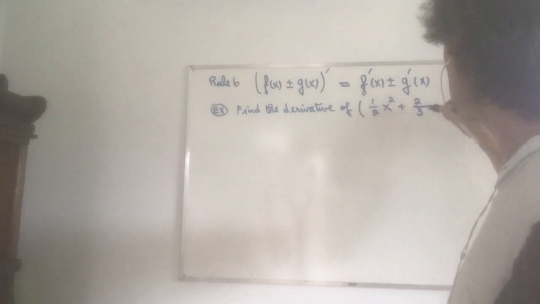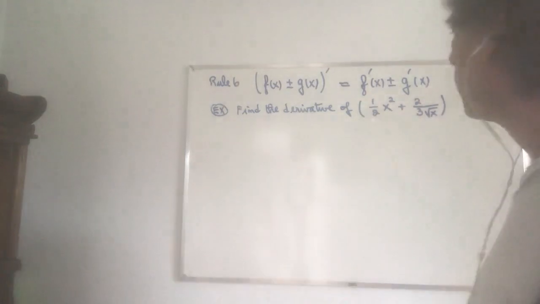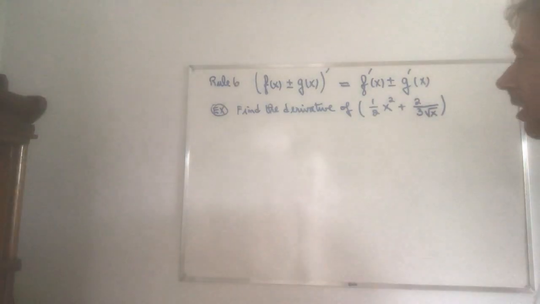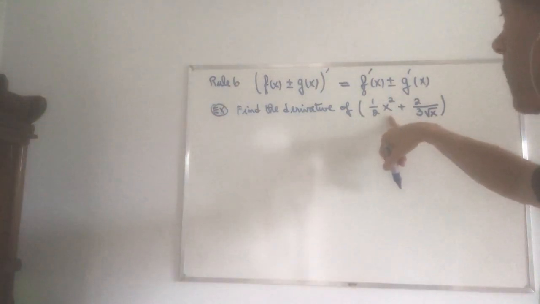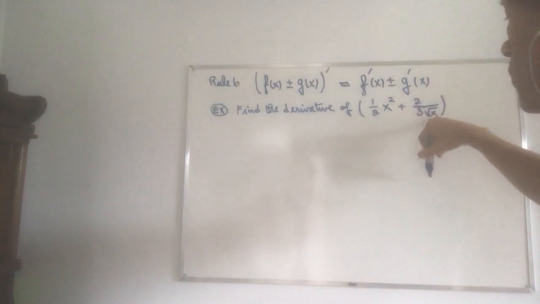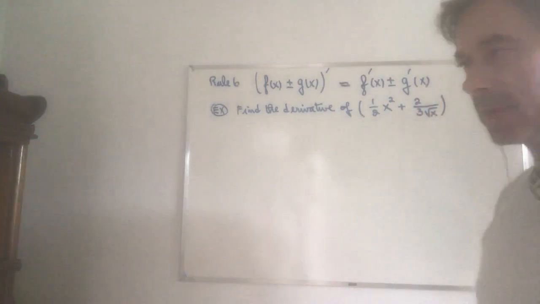Let's put the root x downstairs to make things a little more complicated. Find the derivative of this function. So 1/2 x squared plus 2 over 3 root x.